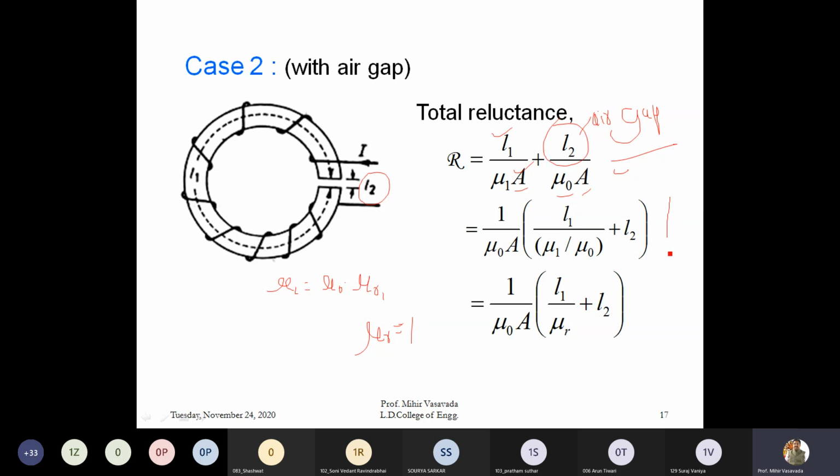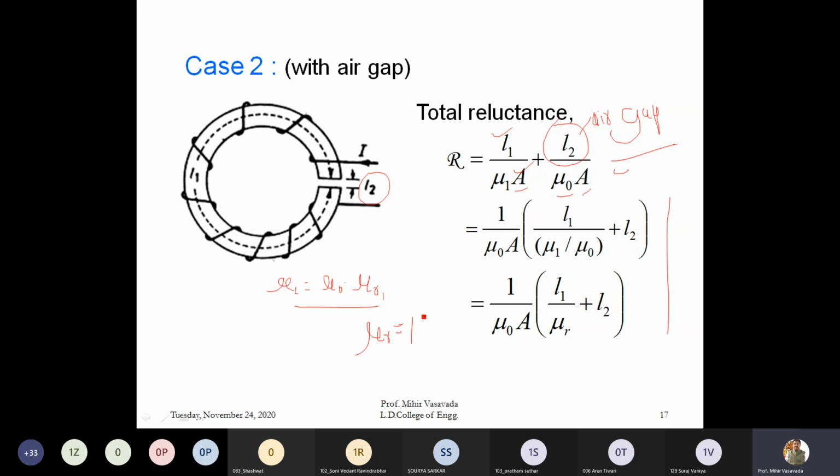And this is a mathematical treatment. What they've done here is take mu0 and A common. So if you look at this equation, mu1 upon mu0 will come here plus L2. So this way you can solve mathematically. That is why the steps are given, but the concept is the same.